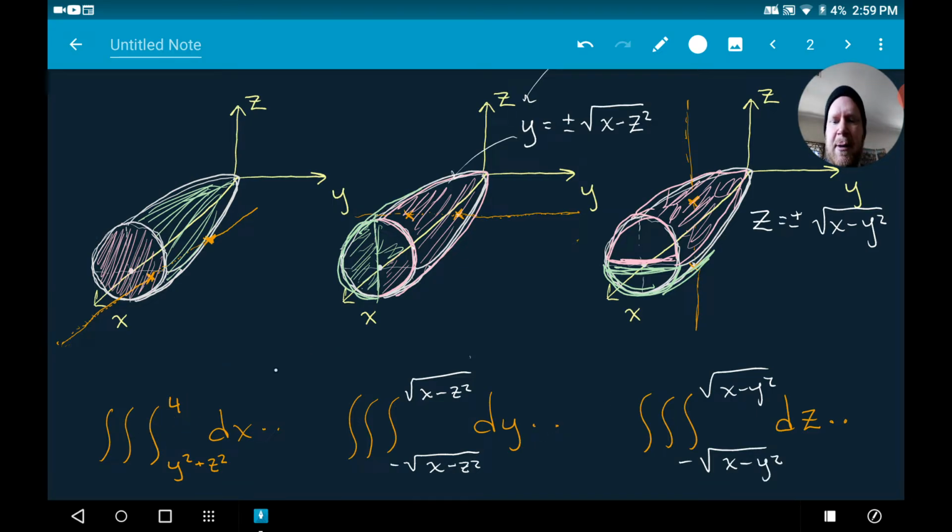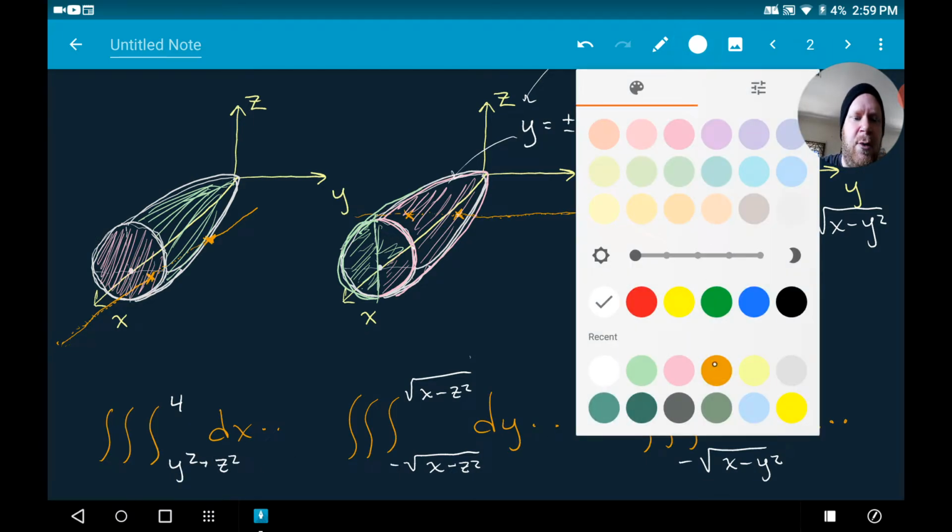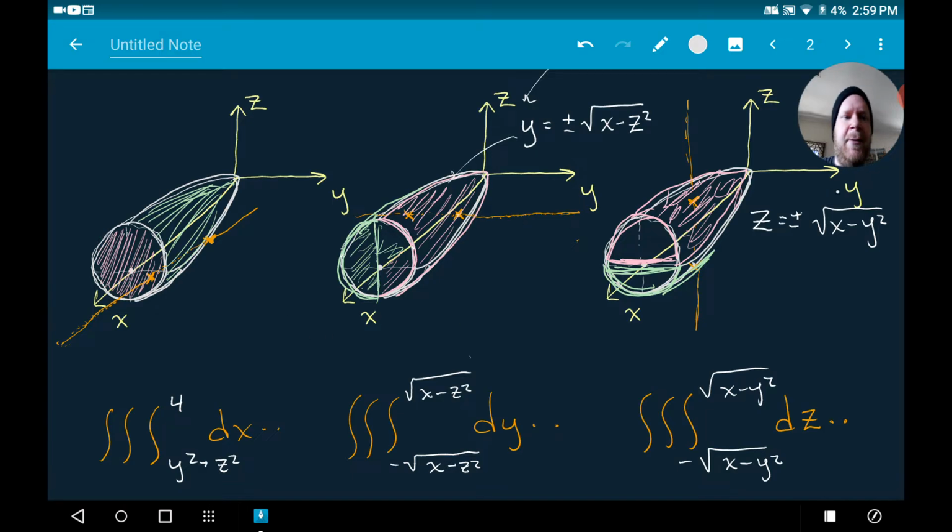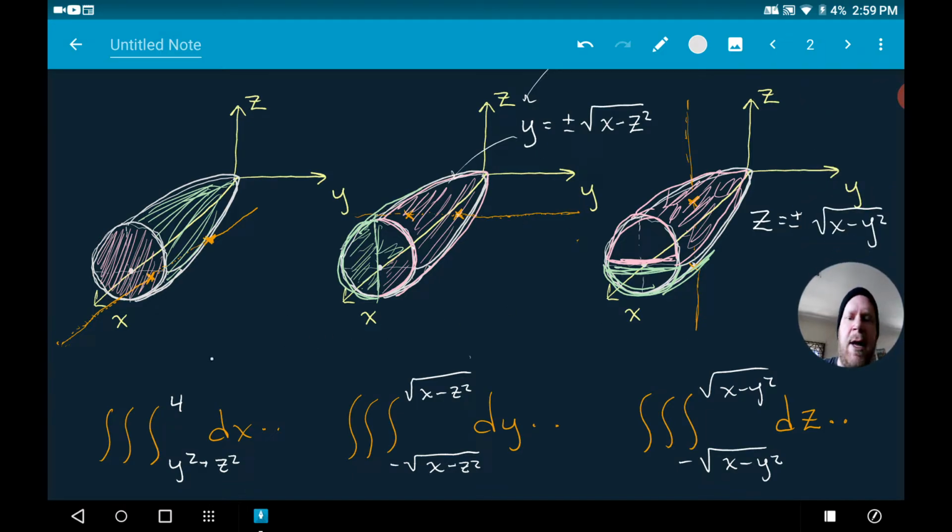As far as the second two integrals go, because we've only set up the first one here, in order to do that, we want to think about using this line to create a projection here. So I'm going to take this like a little flashlight and put that on these lines that I'm making.